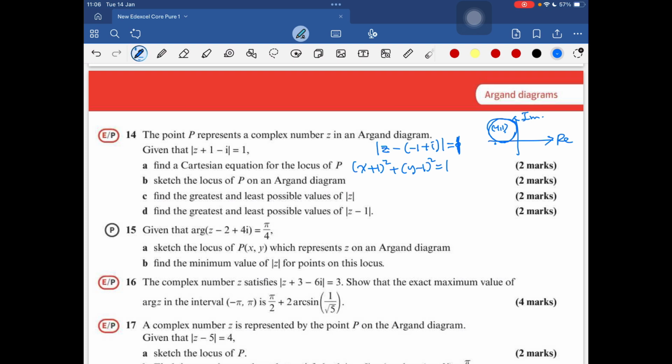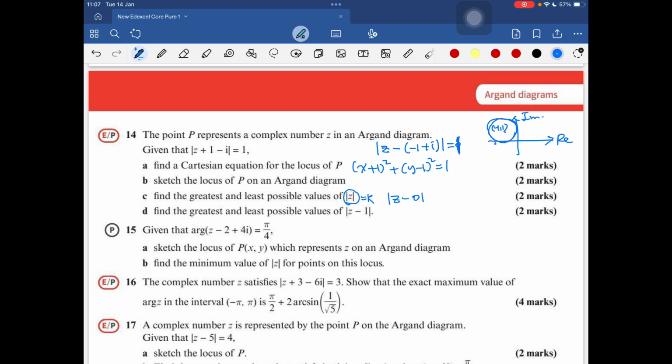Greatest and least possible value of modulus z. So here, for this z, we need to understand what the modulus of z is. Modulus of z is modulus of z minus 0, like the distance from the origin.